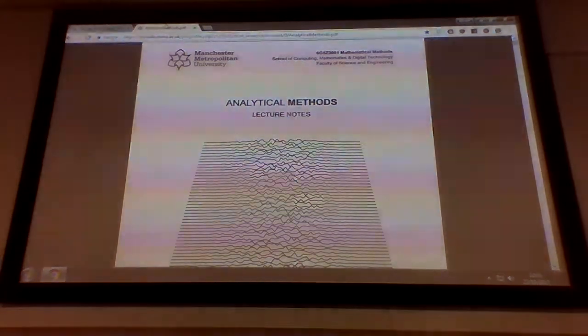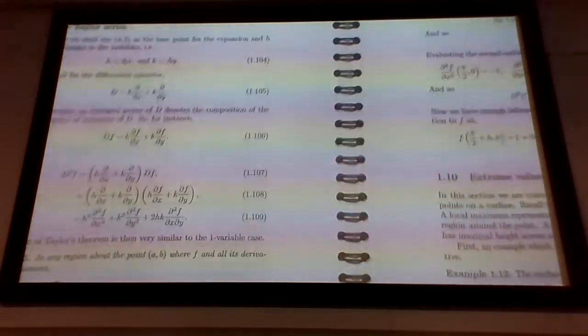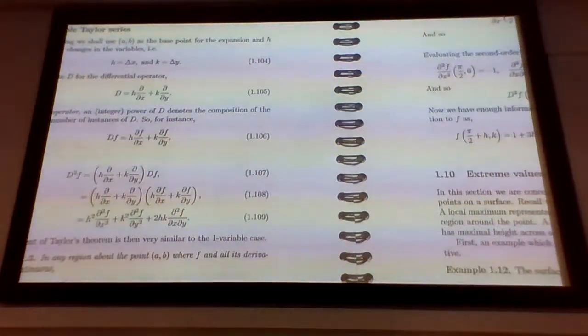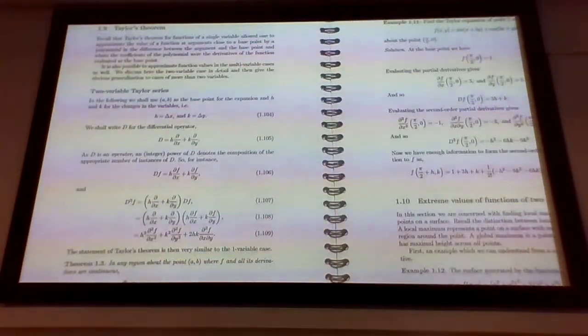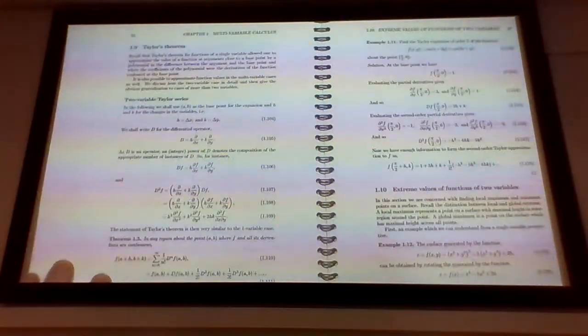So what's going to happen today is we are going to be doing sections 1.9 and 1.10. These are two applications, if you like, of partial differentiation, or two further uses that we can put it to.